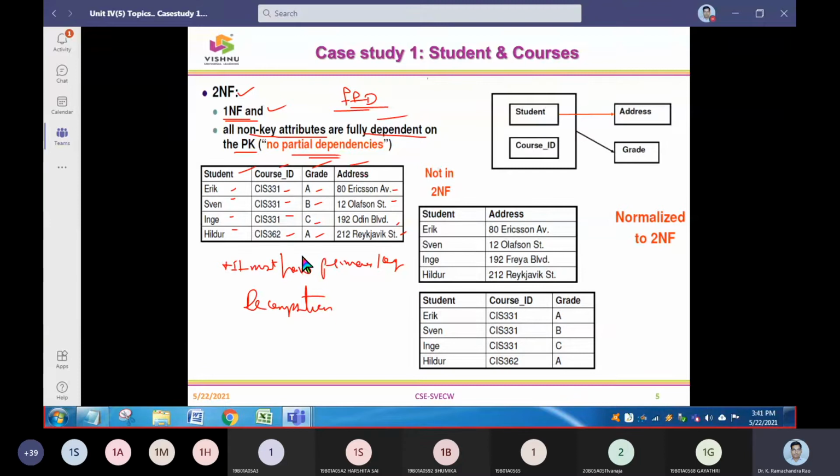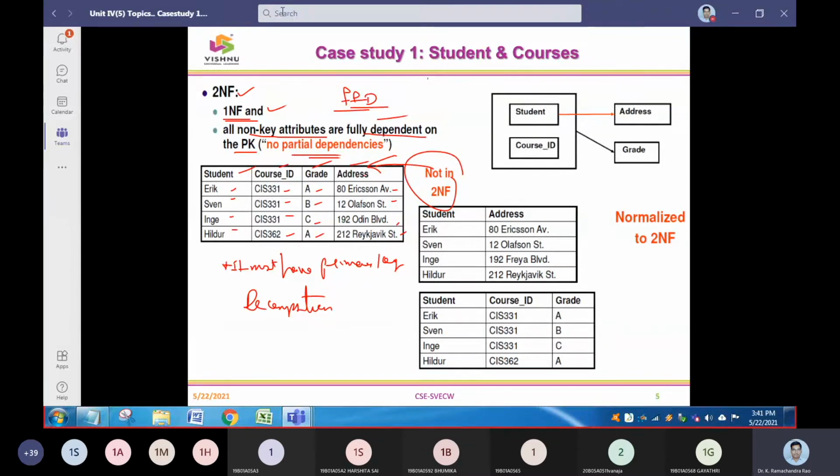You belong to some place, so you and your address are related. You and your course, either Java or DBMS, are related. But your grade and your address are not related. So there is some ambiguity, some partial dependency happening in the table. That is why this table is not in second normal form.